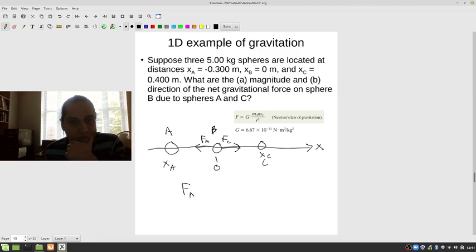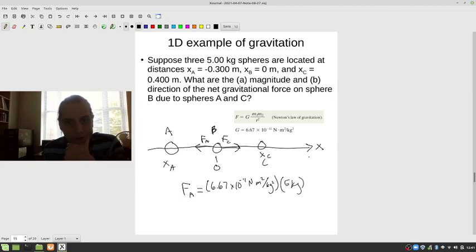Well, the magnitude of FA would be that 6.67 times 10 to the minus 11, so G times M1, so it'd be 5 kilograms.